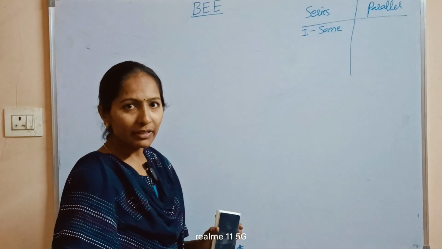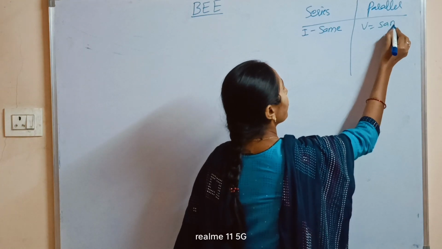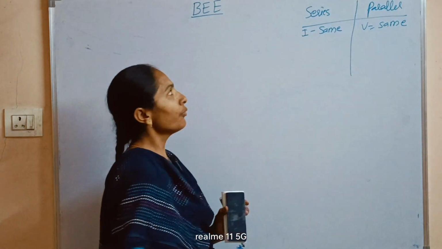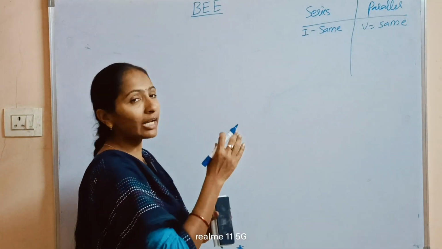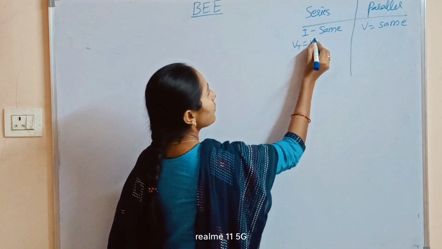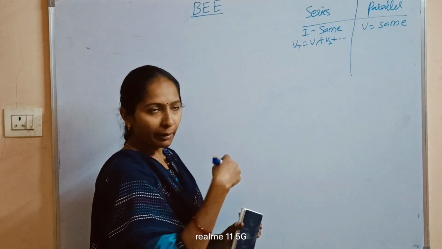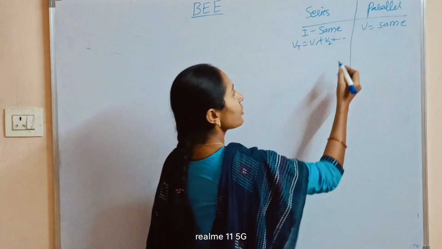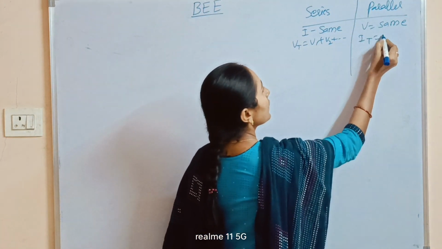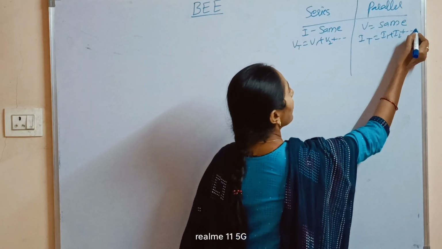In parallel combination, voltage is the same. In series combination, the voltage is V total equals V1 plus V2 plus so on. In parallel connection, I total equals I1 plus I2 plus so on.